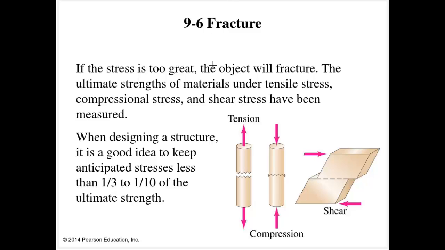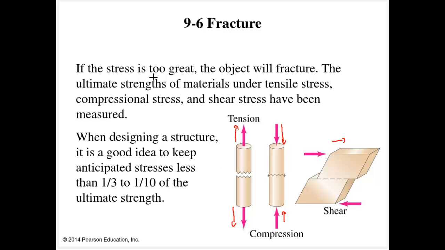If the stress on an object is too great, then the object is going to fracture, whether you pull on it too hard or compress it too much. Think about stacking up a whole bunch of boxes where the top box weighs way more than the bottom boxes. We'll get a fracture there. Or we could have the same type of thing with shear stress, where you just shear a bolt right out of a hole.